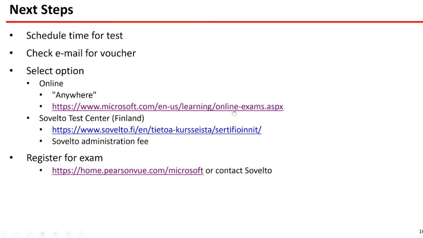And here is a full list of requirements for your computer and for the premises where you are doing the exam. You should read carefully through all those requirements and think about it.